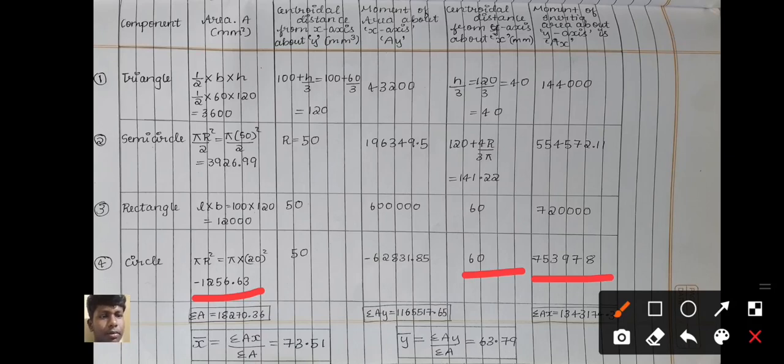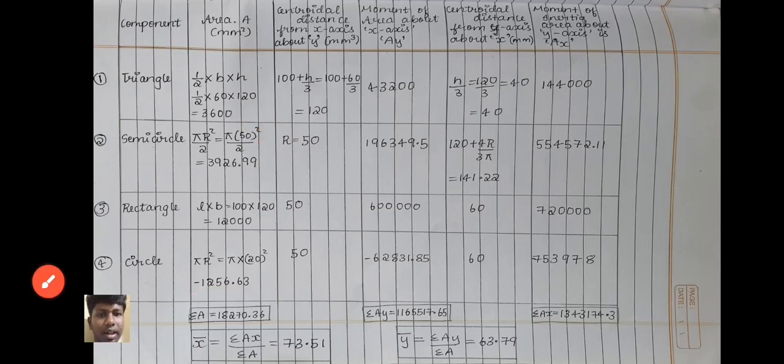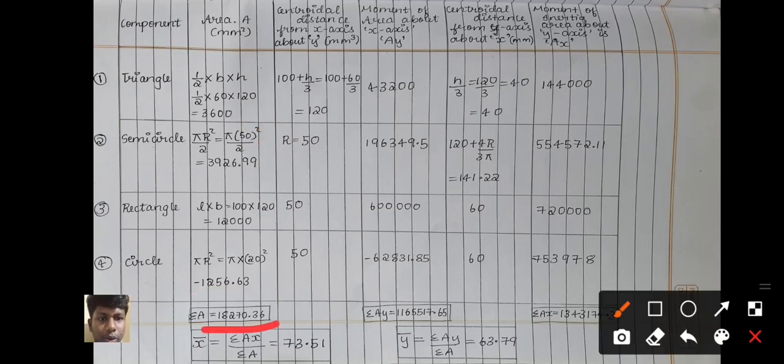So we have to add all these values, the three values, triangle, semicircle and rectangle, and subtract the circle. So for that, the summation of area, adding these three values and subtracting this, we get the value 18270.36.